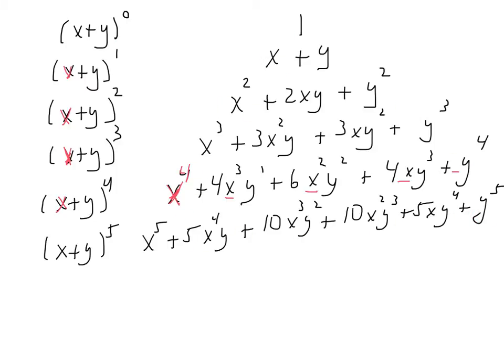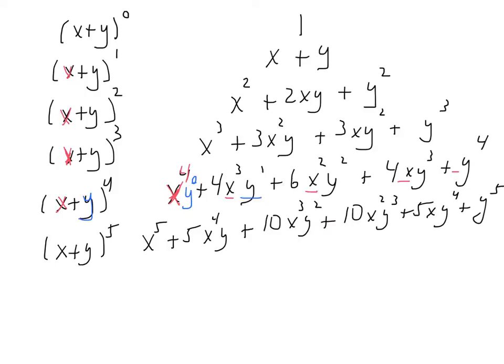And so, with that said, the second term of the binomial, the y in this case, is going to increase by power as you go across. So this one here would be y to the 0, which again we don't write because y to the 0 is just 1.